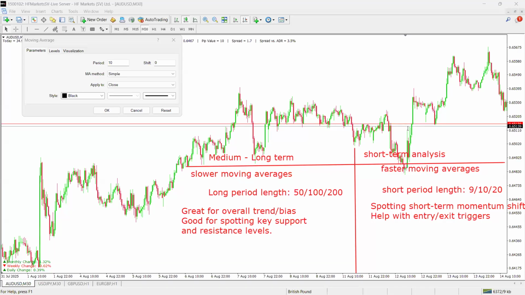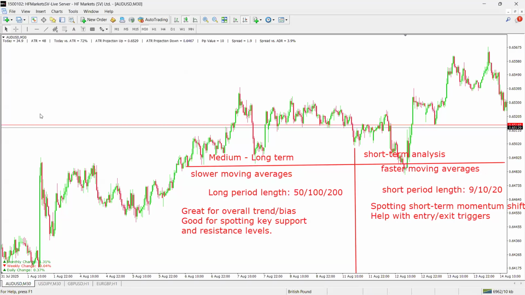Now, what happens when a faster moving average crosses a slower moving average? It is what we call crossovers. Let's just do it on this side before we deal with the chart and forget to write anything again. This is what we call crossovers.